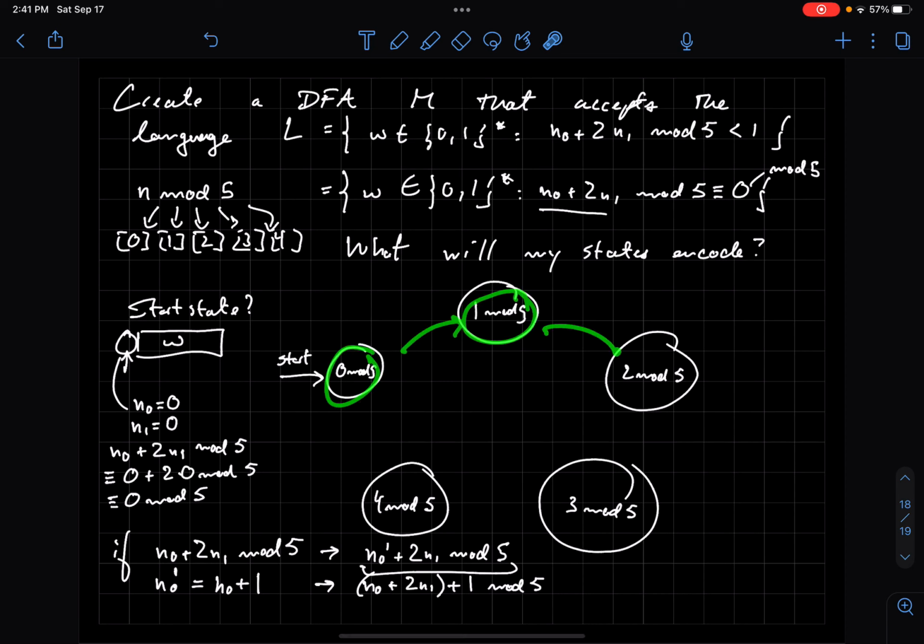If I read another one, I go to 2 mod 5, then 3 mod 5, then 4 mod 5. And if I read another one, I get 5 modulo 5. But 5 modulo 5 asks what's the remainder of 5 divided by 5? Well, that's 0, right? So you go back to the initial start state. So then the transitions will look like this.